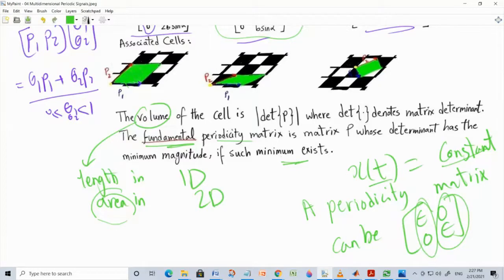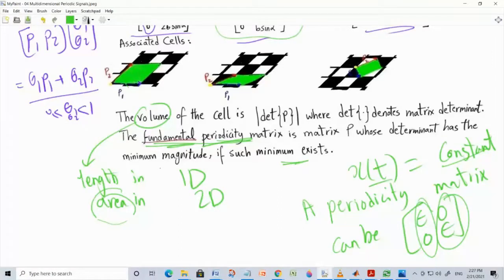Okay, but for some signals the minimum may exist, and in that case you say that your matrix is the fundamental periodicity matrix. So it is a generalization of the concept of a fundamental period. So there is a period, and then there is a fundamental period that is not defined for all periodic signals. It is defined for a special class of signals. Okay, so the same story here, and you can find something called the fundamental periodicity matrix.